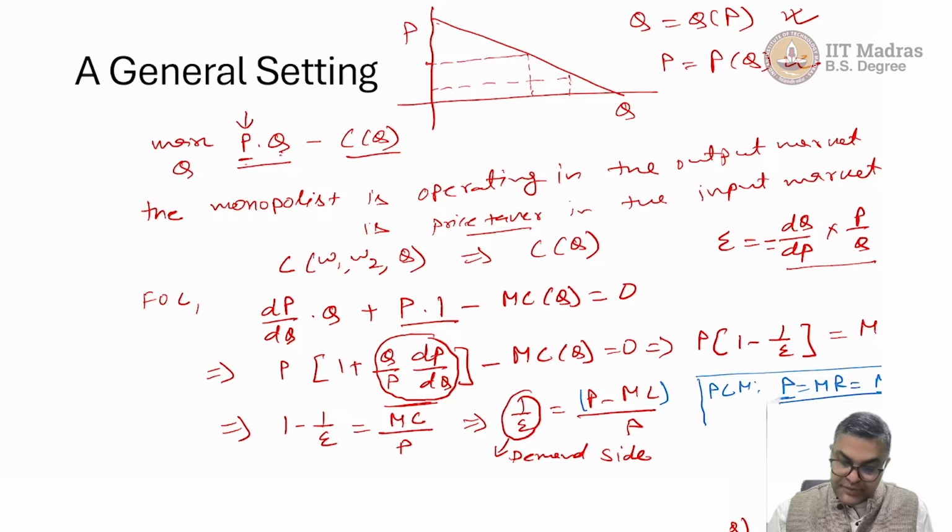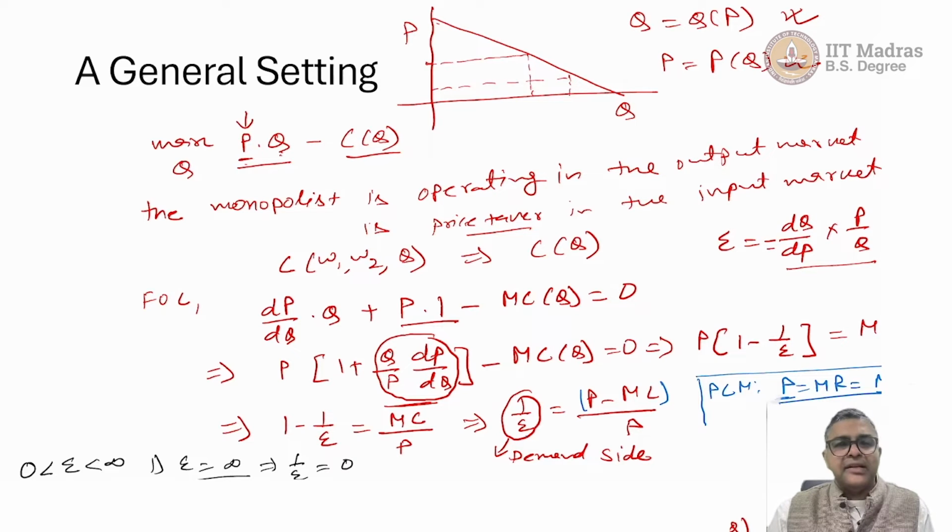Because think about it, we can calculate for some values. Let us look at epsilon, which can vary between 0 to infinity, that's what we know. Let us take an example, epsilon is equal to infinity, 1 by epsilon is going to be equal to 0. By the way, epsilon will never be equal to infinity, it will tend to infinity. I am abusing the notation, but I am an economist, I have that freedom.